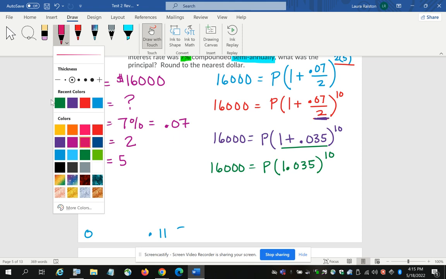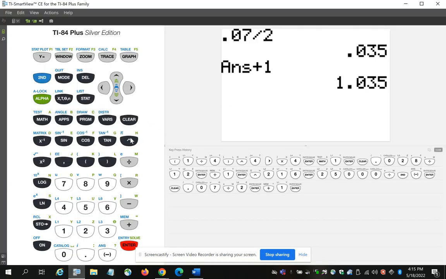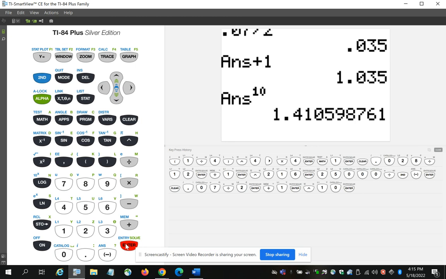Okay, so we're going to raise 1.035 to the 10th power. So I have 16,000 equals P times, okay, so let's raise that number to the 10th power. And we get 1.410598761.